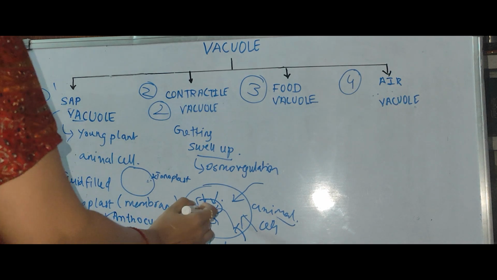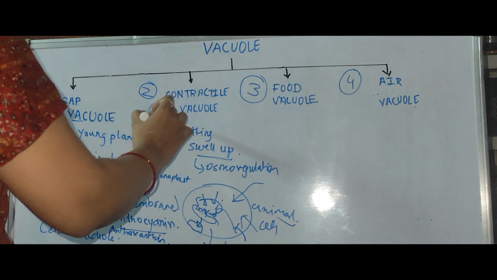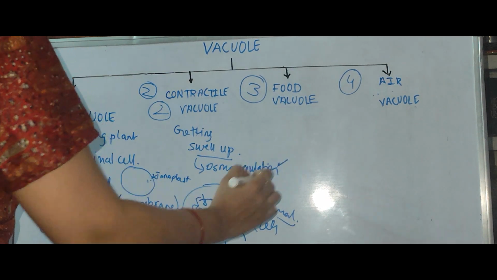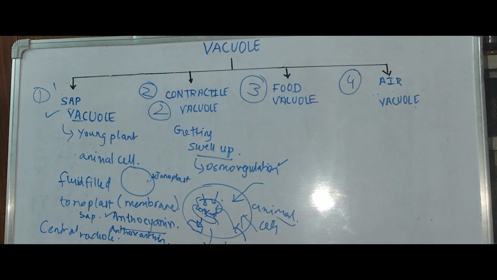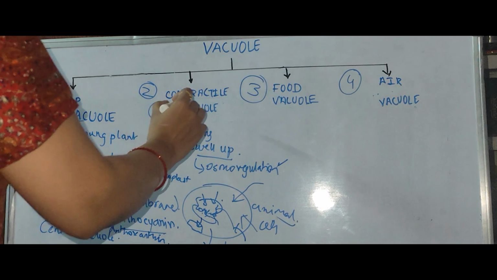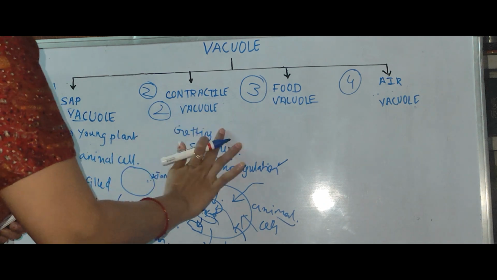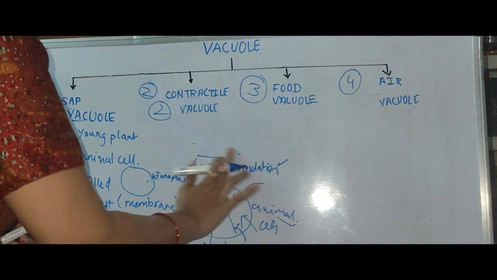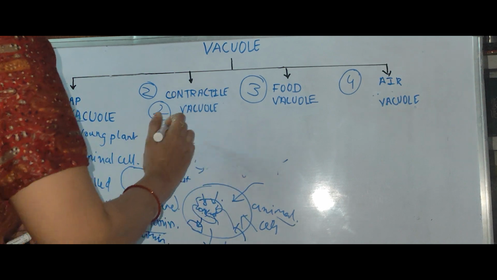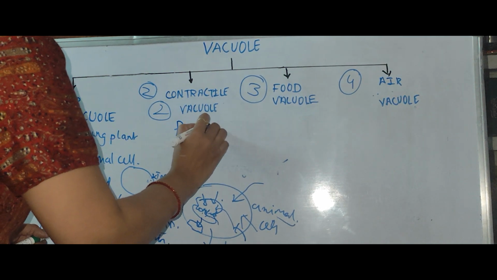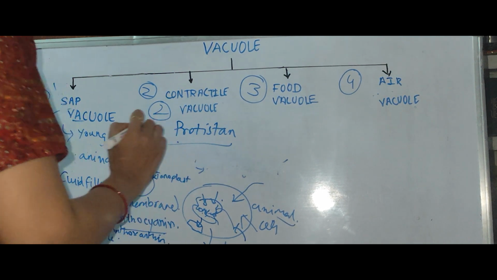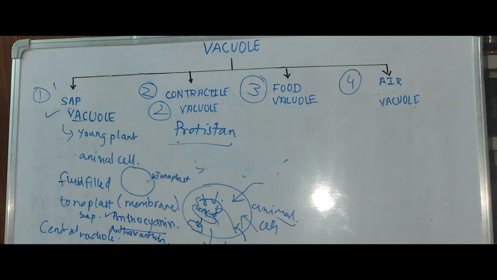So it is there for doing osmoregulation. It is going to collect the excessive water from the cell and throw that water outside the cell. So this was your contractile vacuole. An example of contractile vacuole: it is found in protista, protozoan. They contain this contractile vacuole.